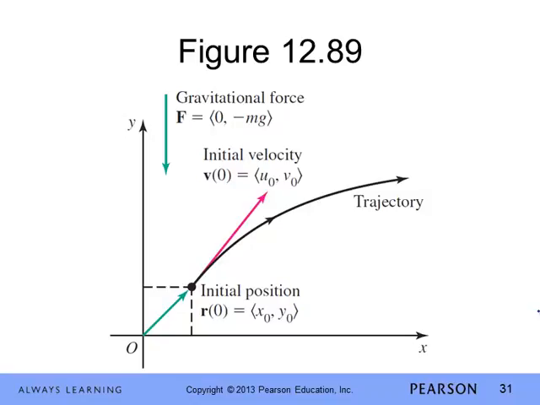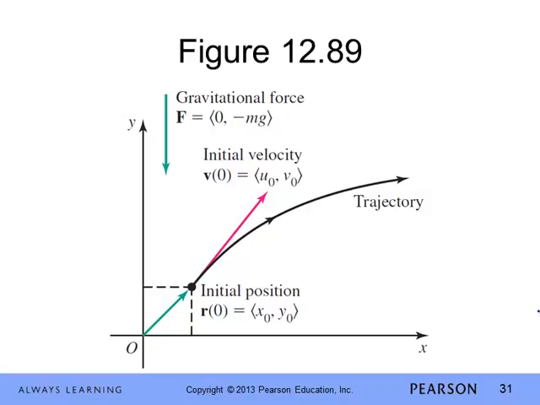And then we have v sub 0 t minus 1/2 g t squared, and then plus some constant of integration. There we go.